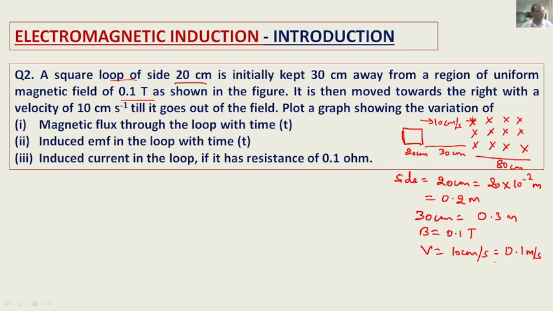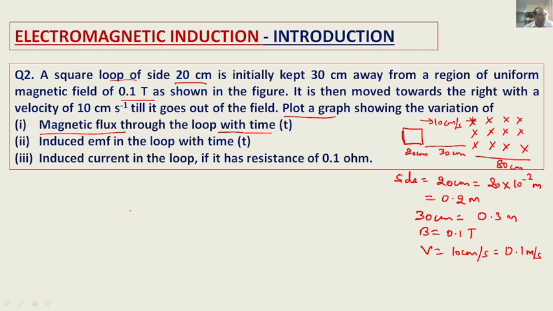So we have to calculate some of the things. First, it is given magnetic flux through the loop with time t. We have to plot a graph. Before plotting a graph, we need to find out the magnitude of magnetic flux.